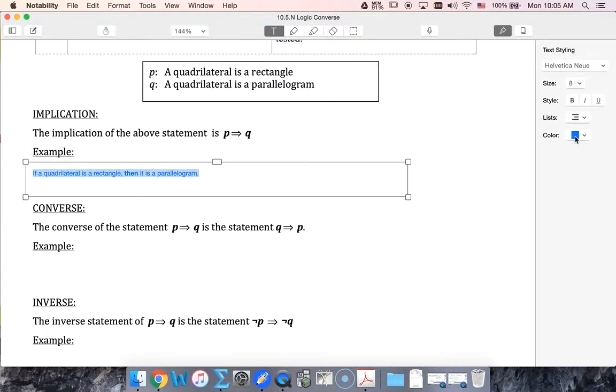So this is my statement. Remember, my single arrow is if then.